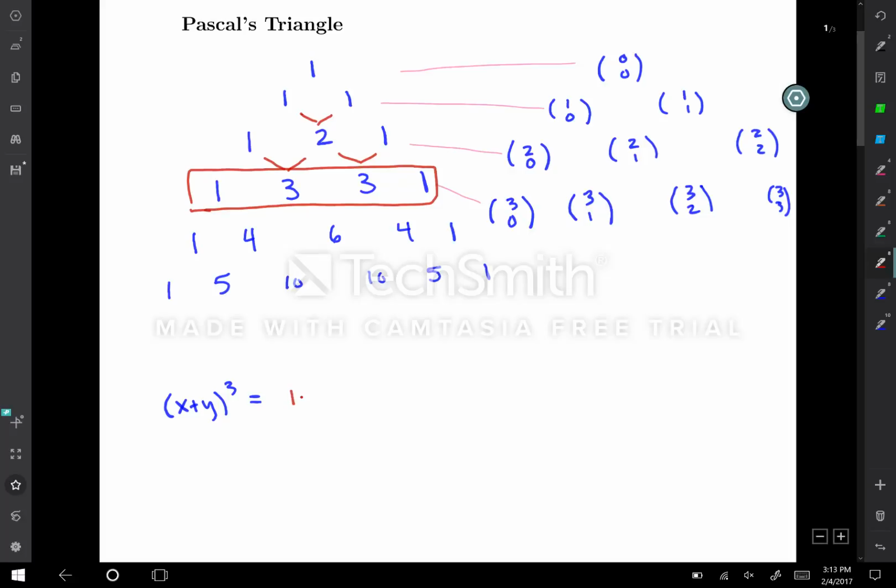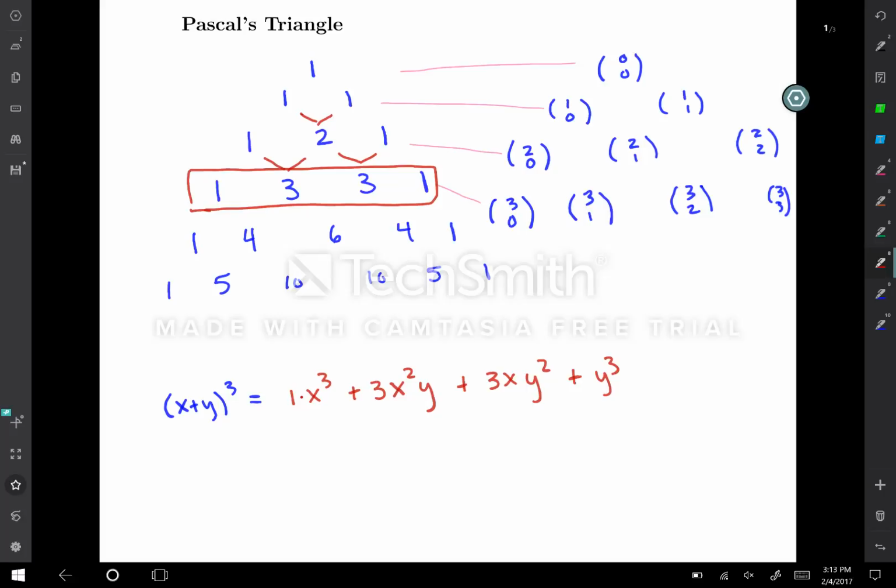We would have 1 times x to the third plus 3 x squared y plus 3x y squared plus y cubed. So this allows us to quickly expand binomials for any power we could imagine.